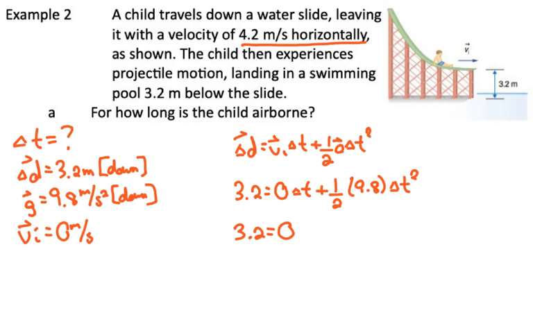We can multiply 1/2 times 9.8, giving us 4.9 T squared. We didn't even need that 0, so we have 3.2 equals 4.9 T squared.